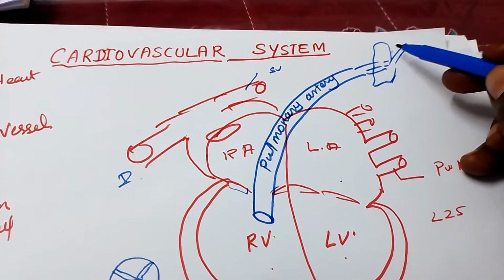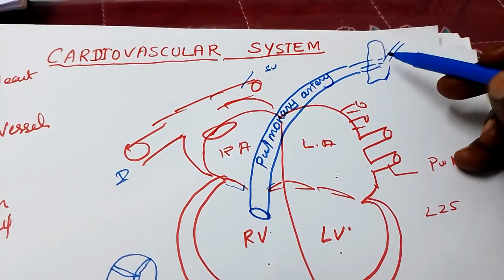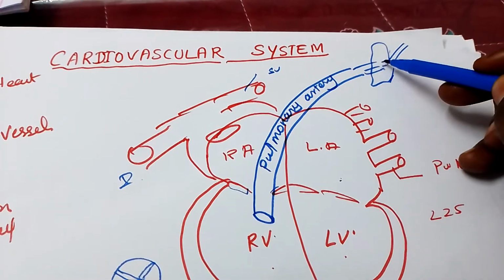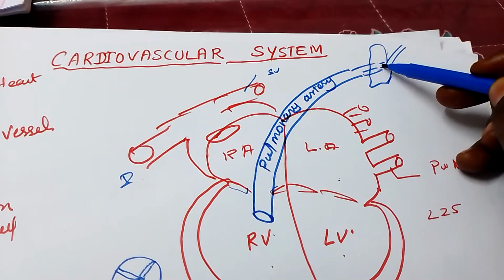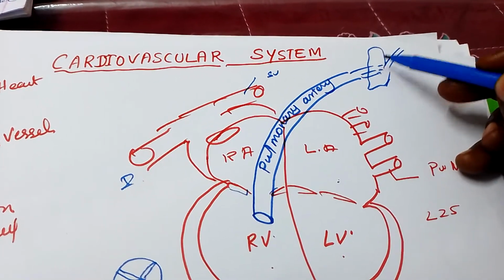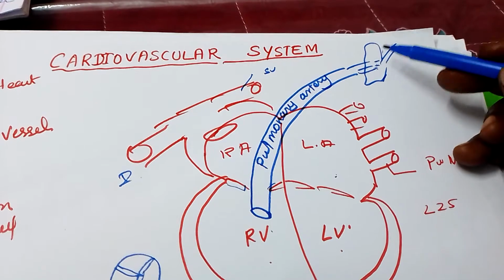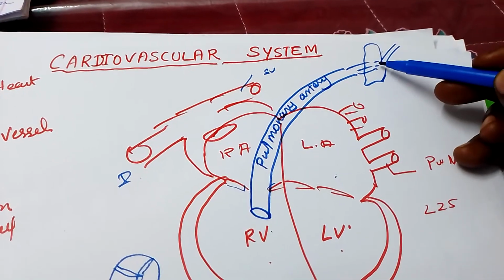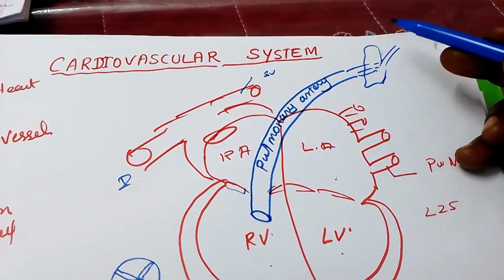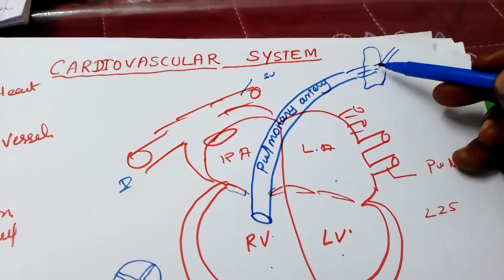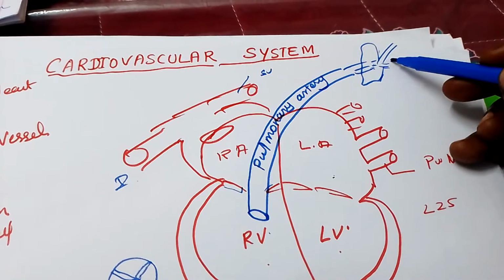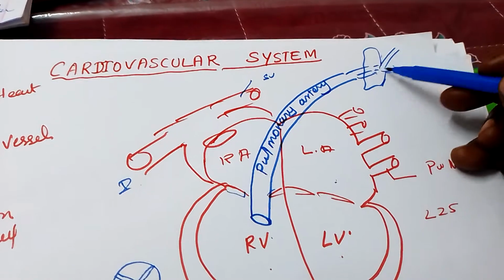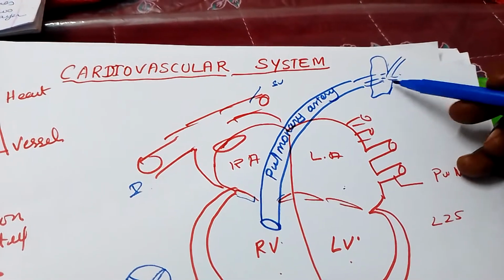Here the external exchange takes place. The deoxygenated blood gives up carbon dioxide, and while breathing in, oxygen gets into the lungs and the carbon dioxide goes out, and then it is taken up by capillaries. These capillaries are called the exchange vessels.